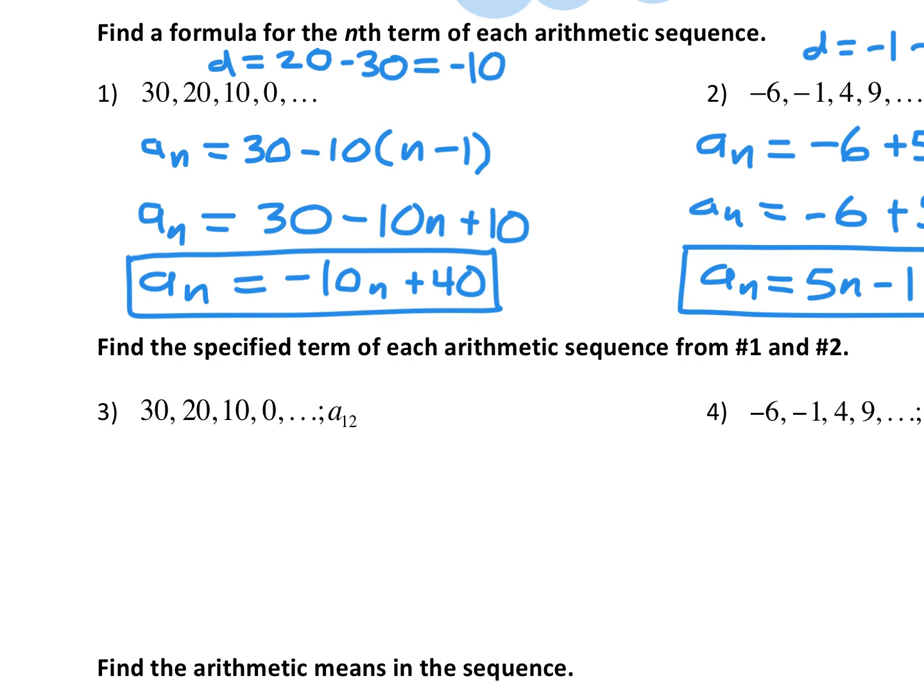All right, on number 3, we're finding a specified term. Now, usually you need to find the formula for the sequence first, but notice it's actually the same list as number 1. So let's just use the answer to number 1 to figure out A12. So we're finding A12, -10, but n is 12. And looking back at number 1, make sure that n does not look like a subscript.